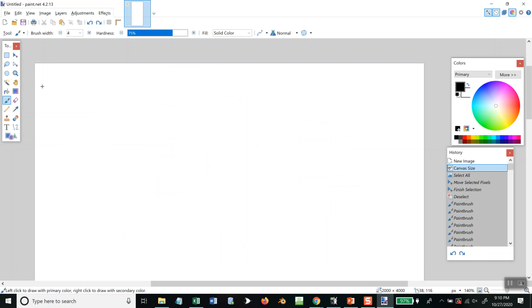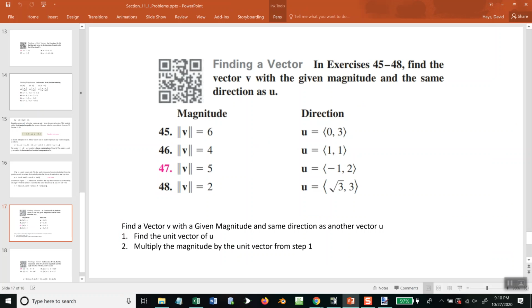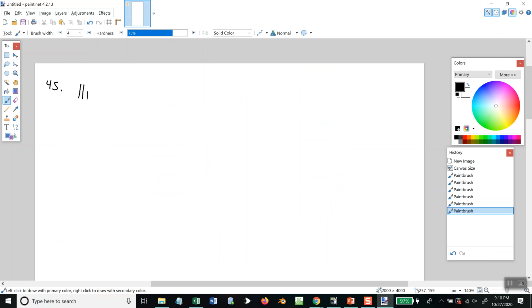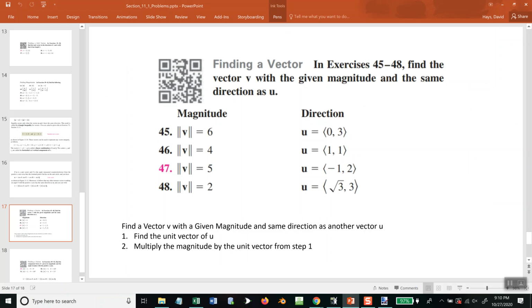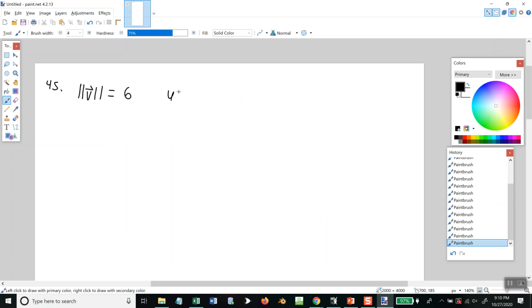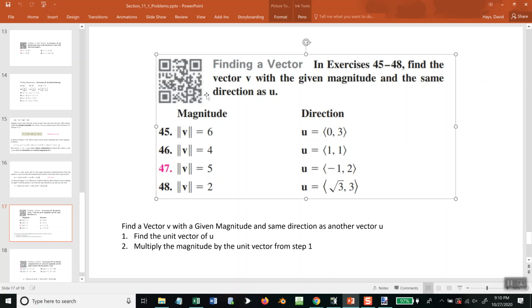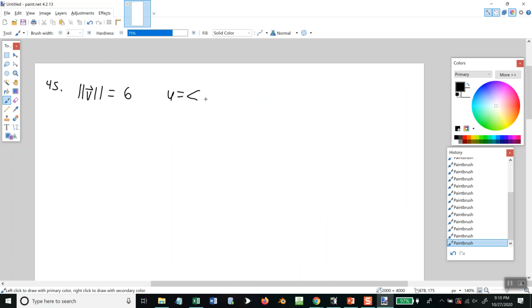Okay, so 45. Magnitude of v is 6. And the direction u is equal to 0, 3.